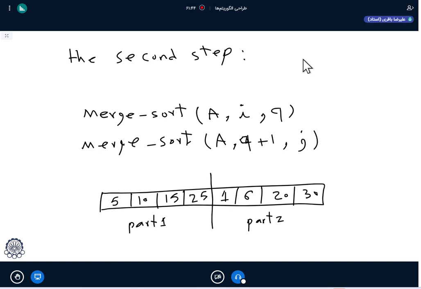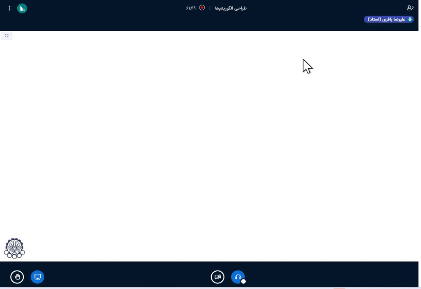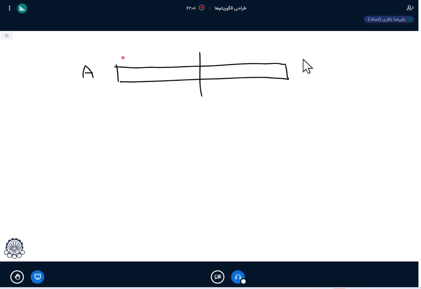Let me go to the next slides and describe how we can merge. I write again the array, which its two parts are sorted. Indices 1, 2, 3, 4, 5, 6, 7, 8.